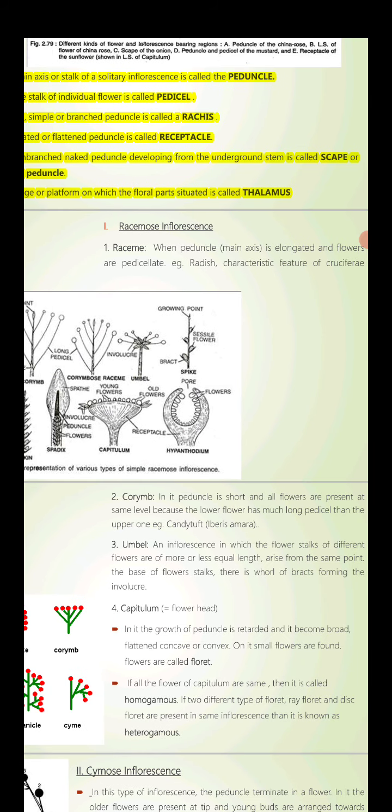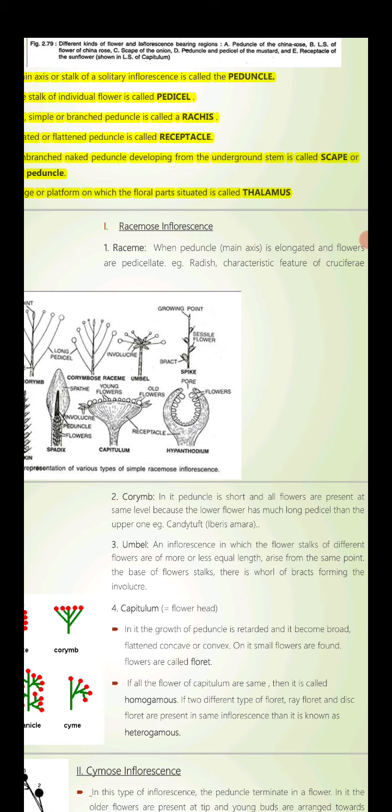Next thing is the umbel. An inflorescence in which the flower stalks of different flowers, of more or less equal length, arise from the same point. At the base of the flower stalks there is a whorl of bracts forming the involucre. Next one is the capitulum. In it, the growth of the peduncle is retarded and it becomes broad, flattened, concave or convex.